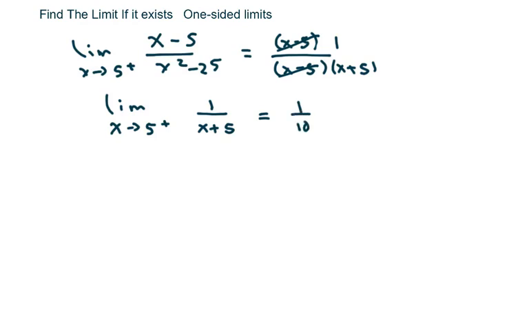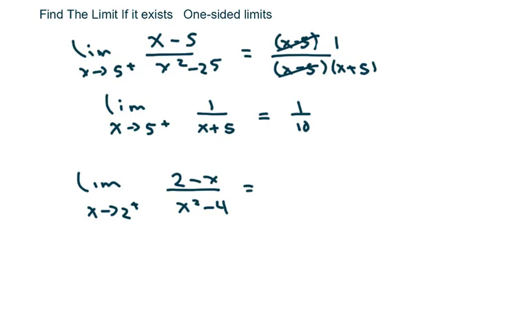Okay, the next one is very similar. We have the limit as x approaches 2 from the right, and this is going to be 2 minus x over x squared minus 4.